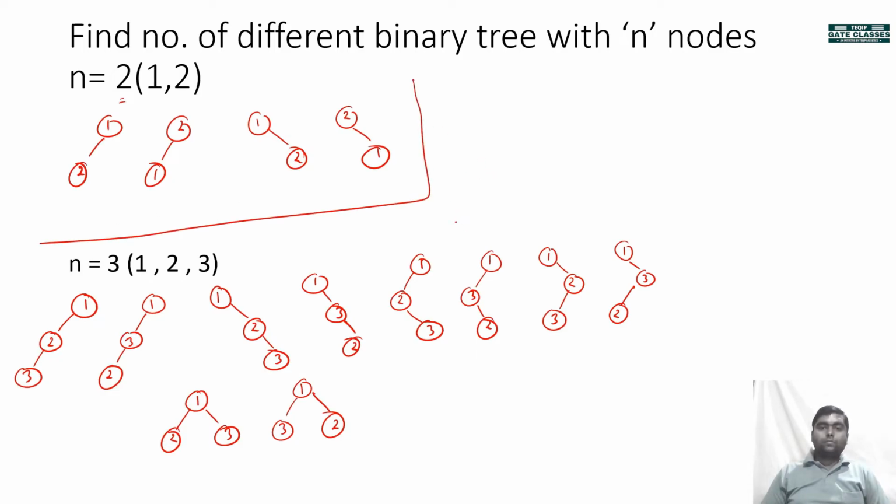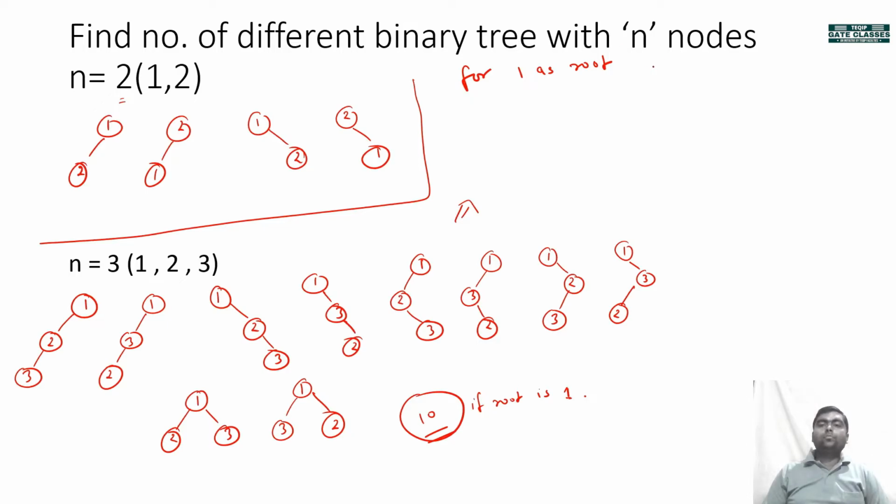So for this particular problem, for 1 as root, how many total number of trees possible? 10, है ना? If root is 1, overall 10.